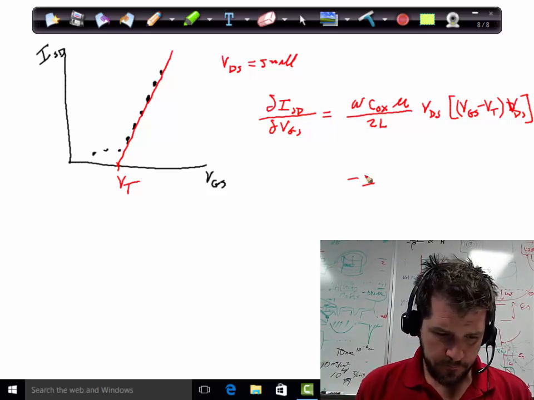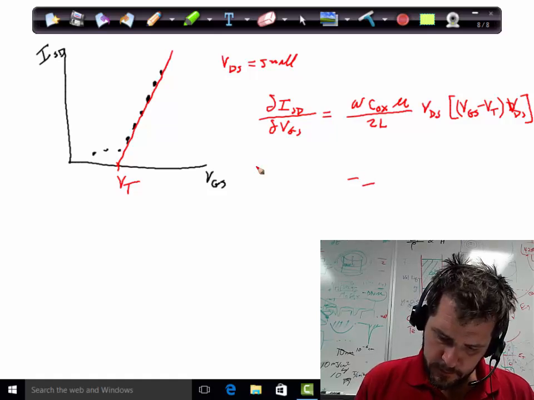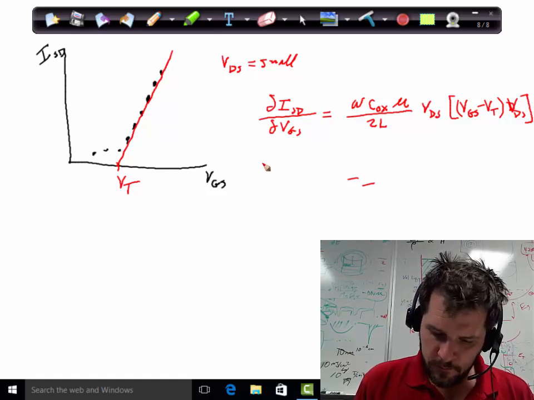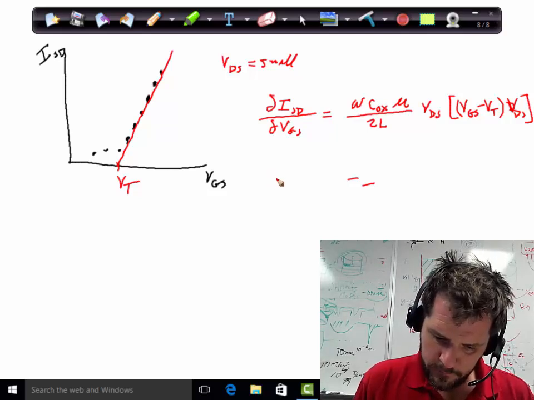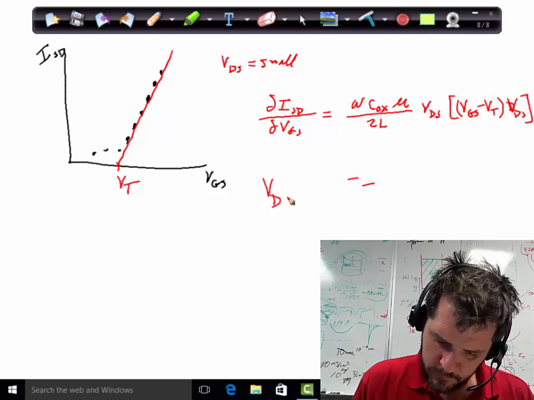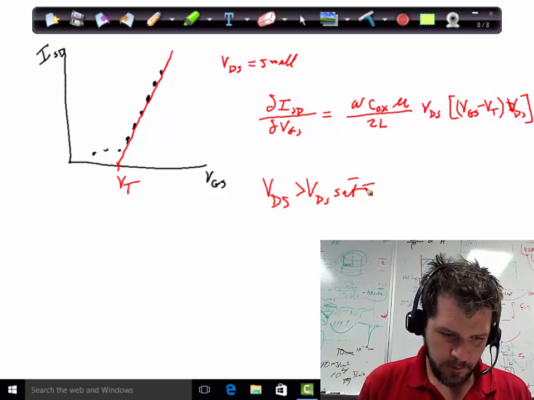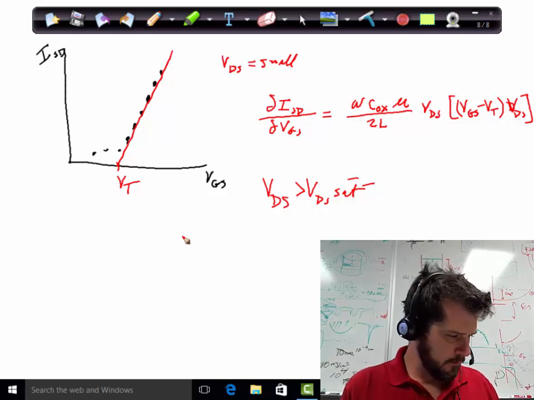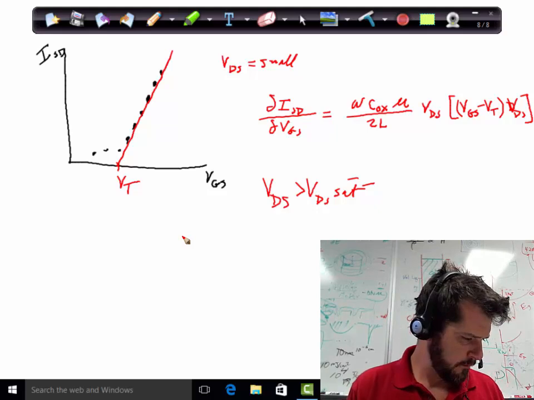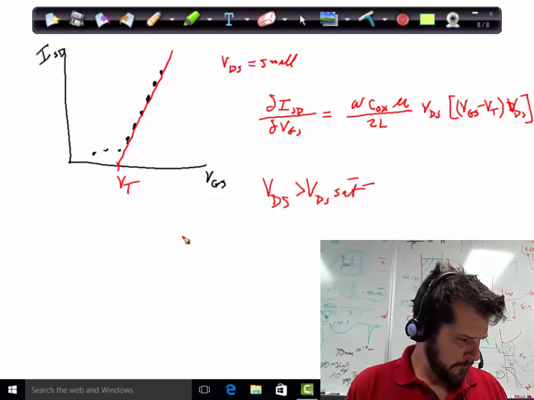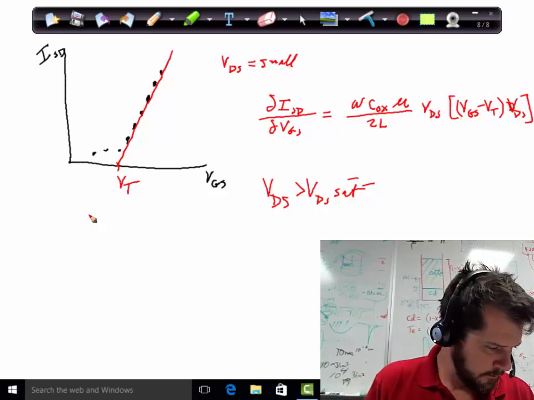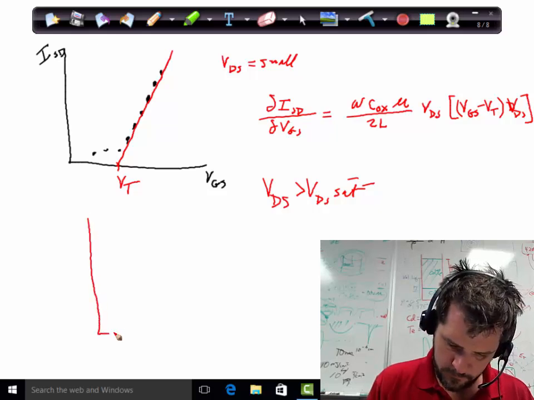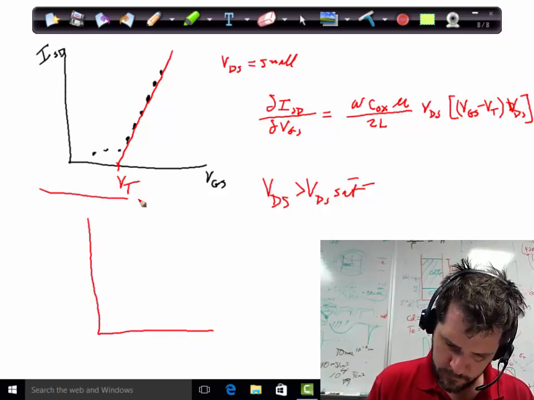Okay, so in the saturation regime, the current depends slightly differently. So VDS greater than VDS sat. You end up plotting the square root of the current versus the gate source, so let me draw a dividing line here.